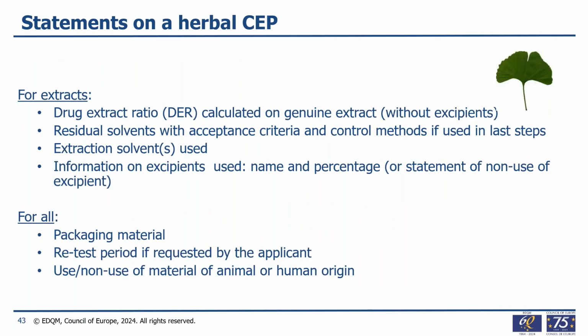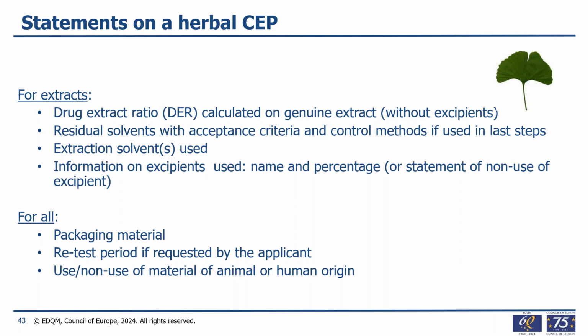For herbal CEPs, for extracts, the drug extract ratio calculated on the genuine extract without excipients is stated on the CEP. Residual solvents with acceptance criteria and control methods for them, for those which are used in the last step, extraction solvents, and the information on excipients used with the name and percentage of the excipients.